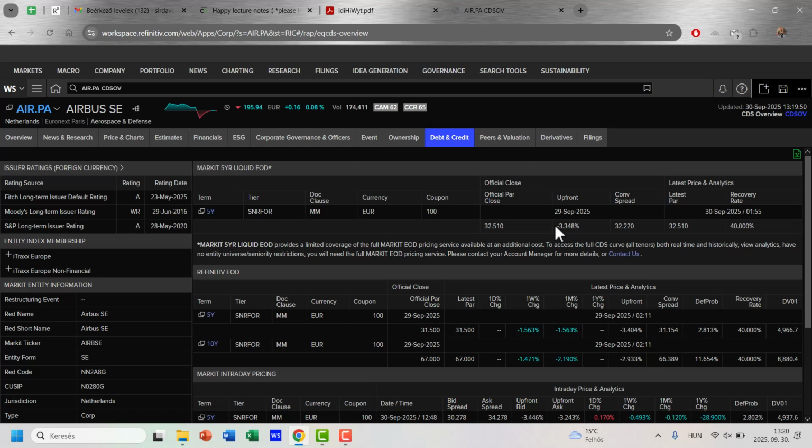CDS. So credit default swap is a really strange contract. It behaves like insurance. So you have to pay a regular fee to the issuer of the CDS. Monthly fee, annual fee, whatever. And in the case of the default of the company or default of the bond, then you will get a payment.